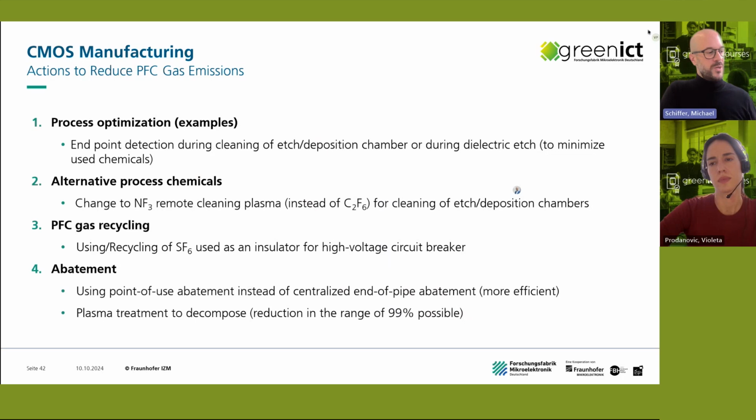We have to see when we have to stay with SF6 as an etch gas, so what are the probabilities to get such kind of gas by using or recycling these. For example, here they're used as an insulator for high voltage circuit breakers. And we have definitely to look into the abatement that we minimize the amount that is going in the atmosphere.